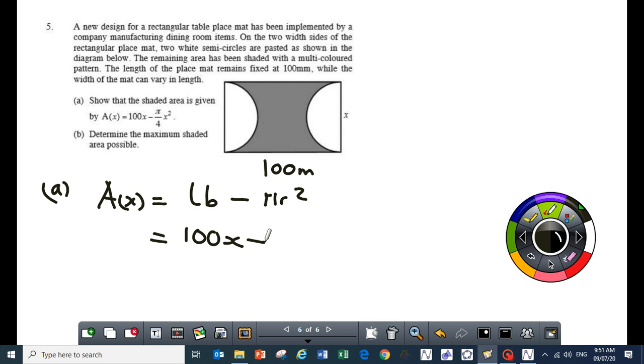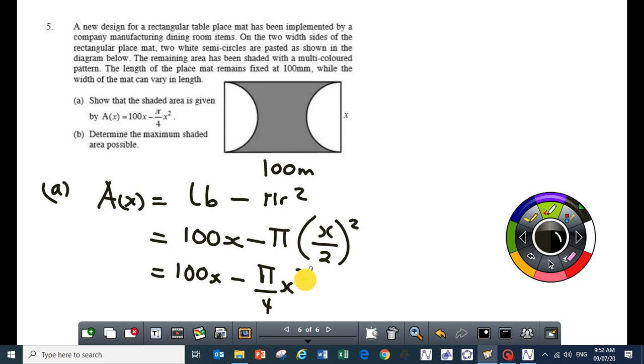The pi is there, but we are going to substitute. The radius is going to be equal to half of x, which means this will be x over 2 all squared. And then you get 100x minus, now that will give you x squared over 4. So you end up getting pi over 4 x squared.